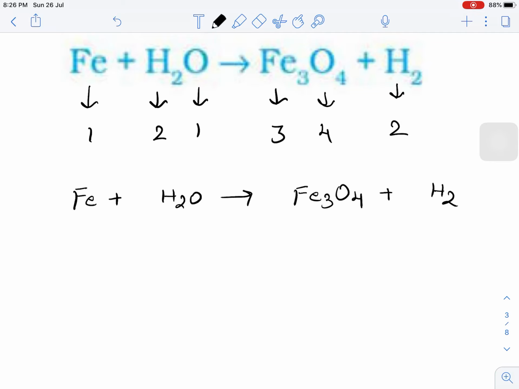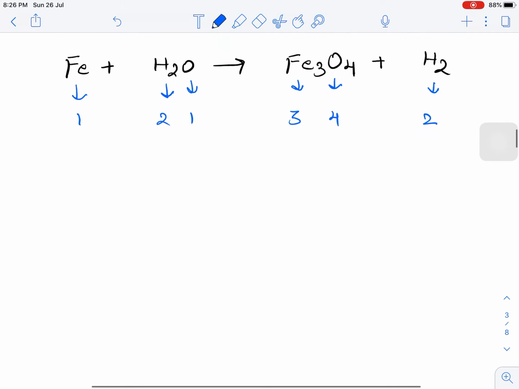Now, writing with a different color, here we have 1 atom of iron, 2 of hydrogen, 1 of oxygen, and here we have 3, 4 oxygen and 2. Now let us start balancing this chemical reaction, as it is unbalanced.